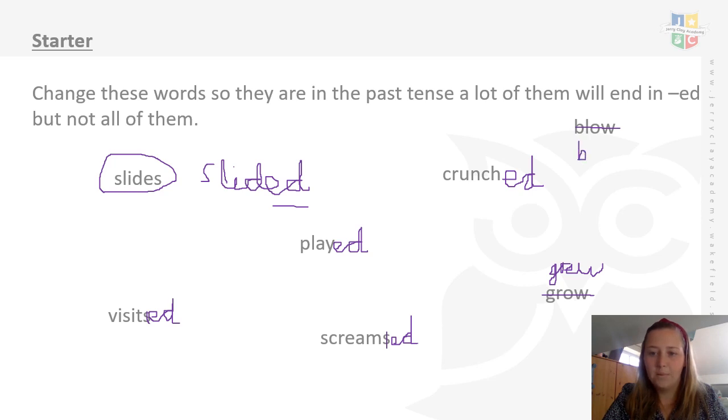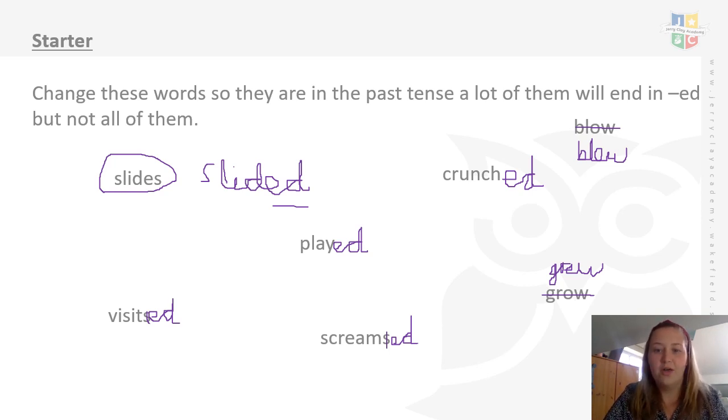The wind blew through the house. I think I'm getting a bit better with my handwriting already. Okay, so slided, visited, played, screamed, crunched, grew, blew. Great work, year one. You've already done the starter.